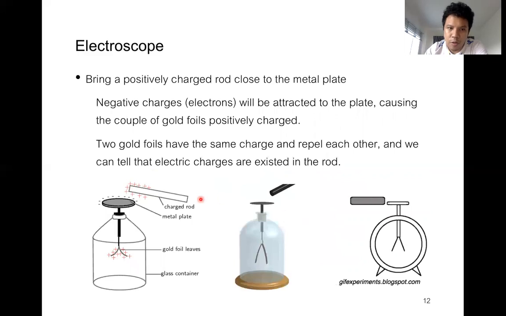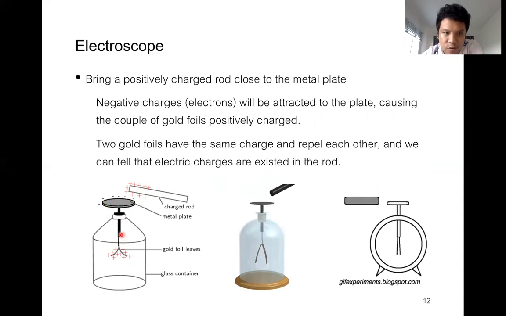So what happens for the electroscope is we bring some charged object near the metal plate. The induction happens, and the one that is actually moving is the negative charge, the electrons.